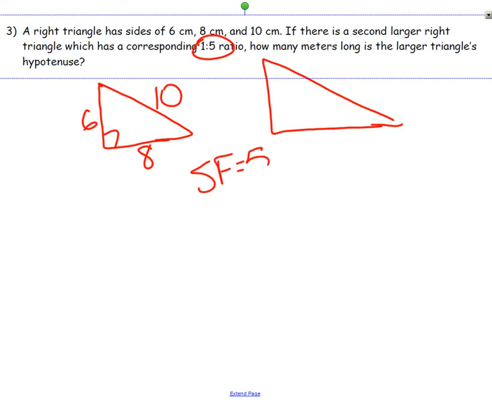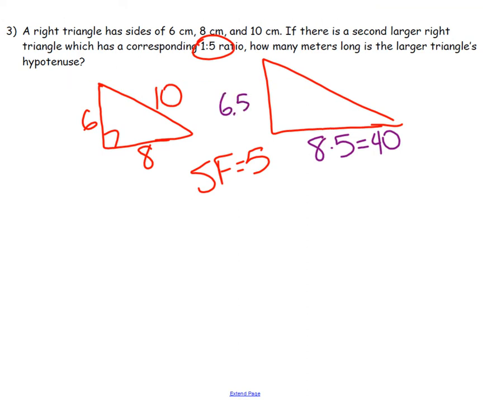But is it not like a 3, 4, 5? Yes. So we take all of our original sides. This one down here would be 8 times 5, which is 40. This over here would be 6 times 5, which is 30.